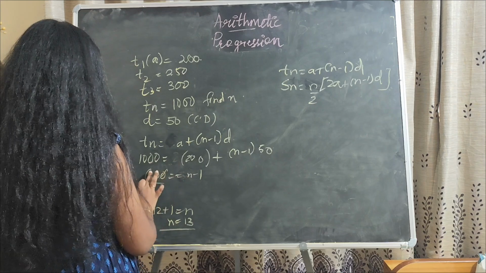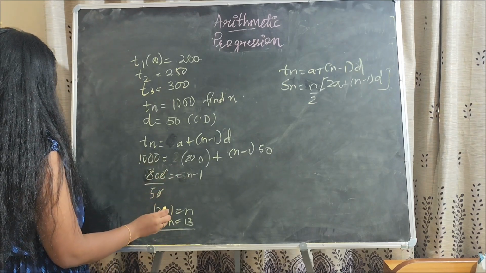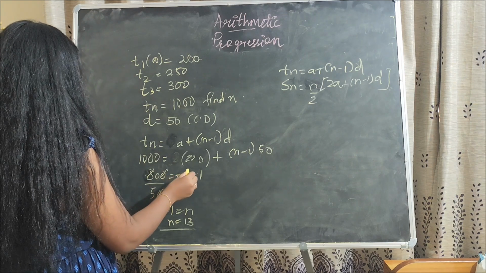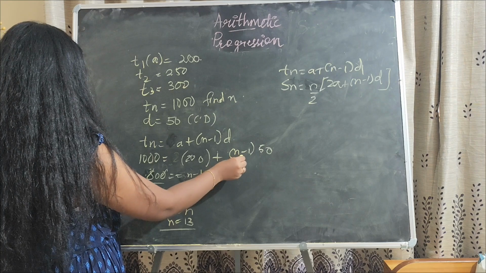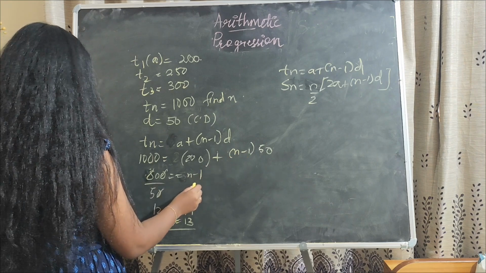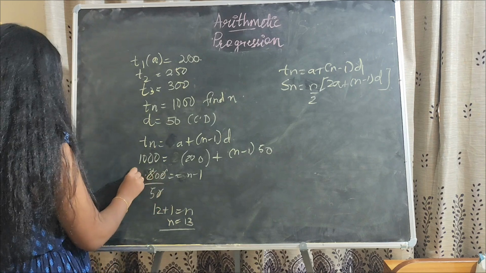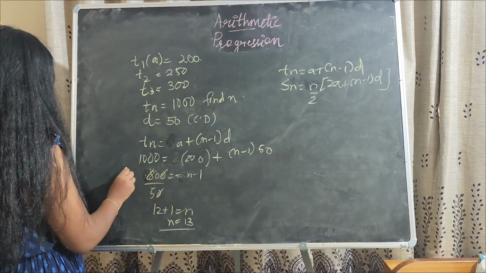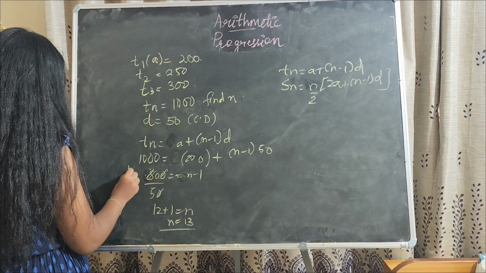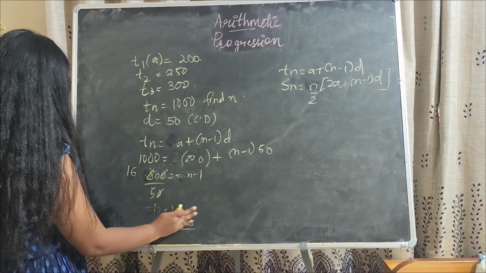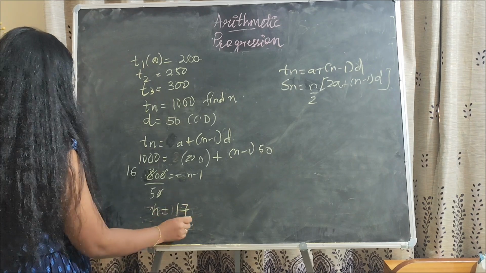So 1000 minus 200 will be 800 divided by 50, which is 16.